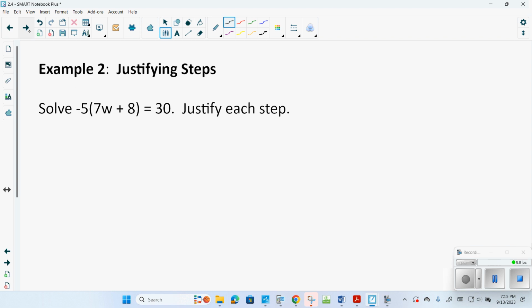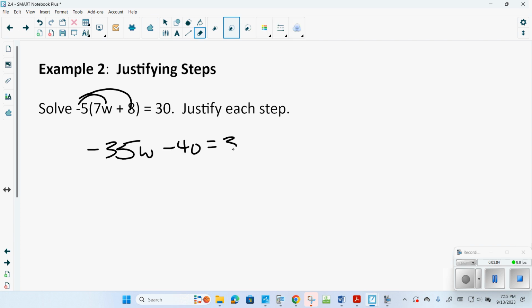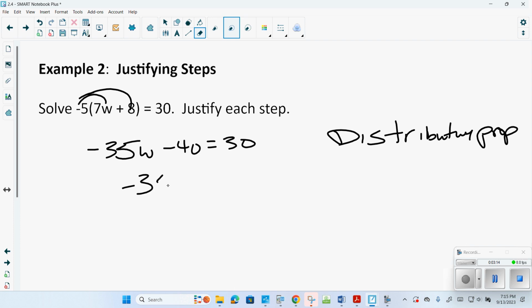More algebra. This time I'm going to multiply into the parentheses. Sorry about that. So I'm going to take -5, multiply it to the first one, multiply it to the second one. That would be the distributive property. Next one, I'm going to add 40, which would give me 70.